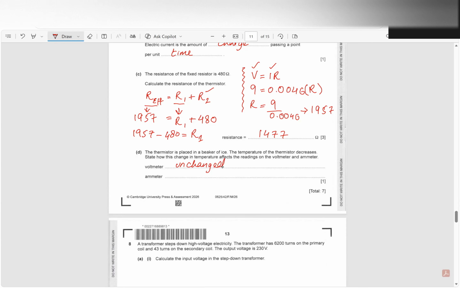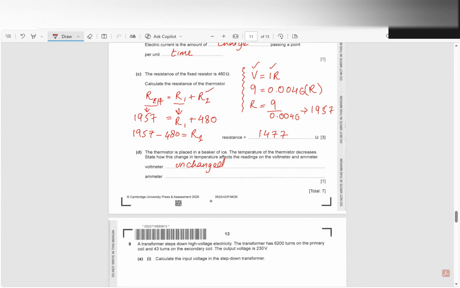Moving on. What about the ammeter's reading? The ammeter is going to show us the current's value. What is current? Rate of flow of charges. If the temperature is decreasing, resistance must be increasing.